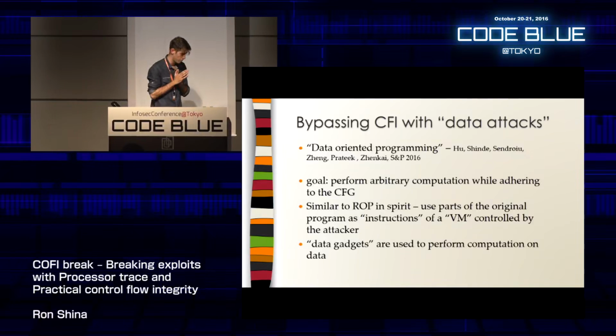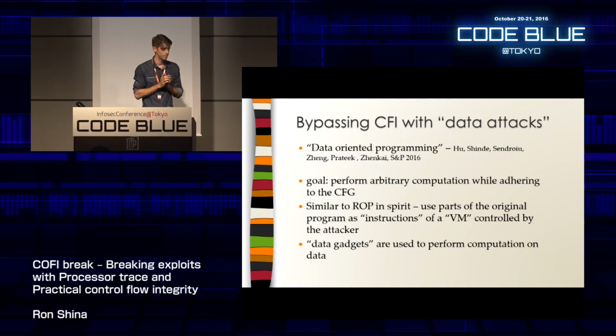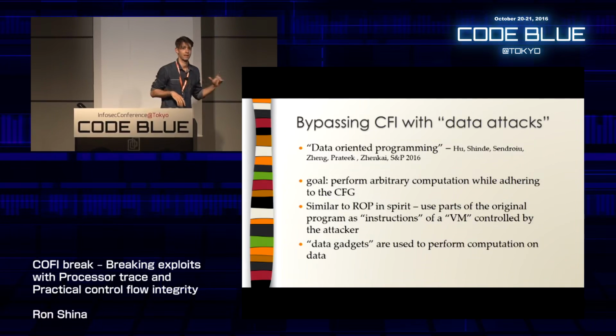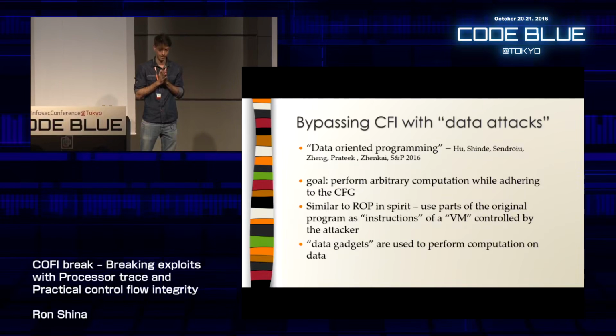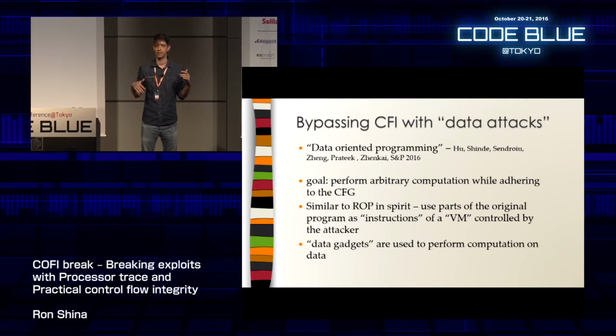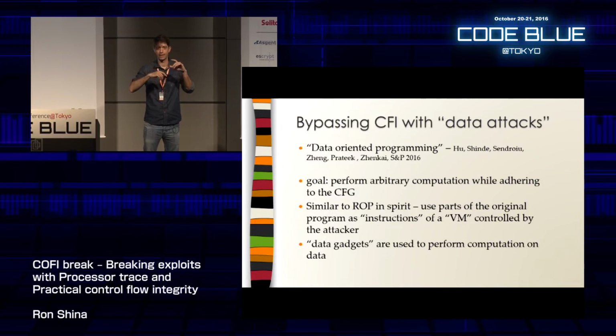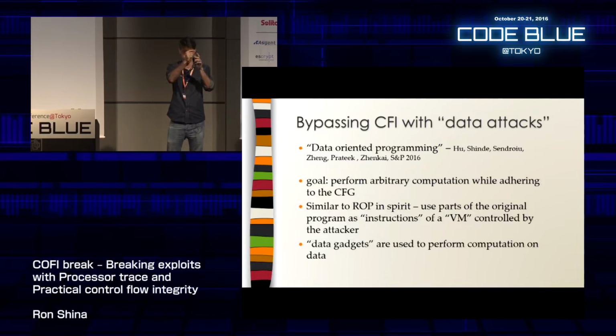But what they did was that they looked at the binary in an intermediate representation, and they used the loops there to move from one gadget to the next. That would be what the stack and return do in return-oriented programming, because they let you move from one gadget to the next.